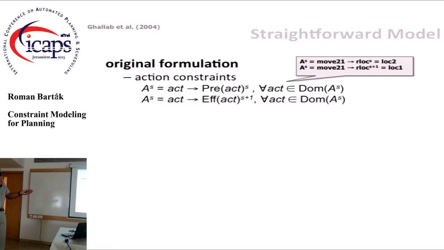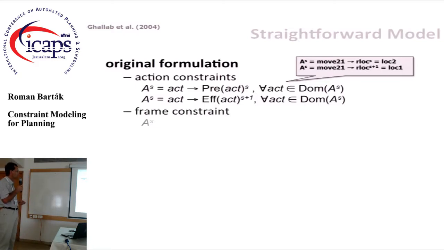And regarding the effect, it's very similar. We just say that the location of the robot in the next layer will be location 1, okay? So it's a set of implications. And recall that a constraint can be any relation, right? So this is a description of a relation in a logical way.